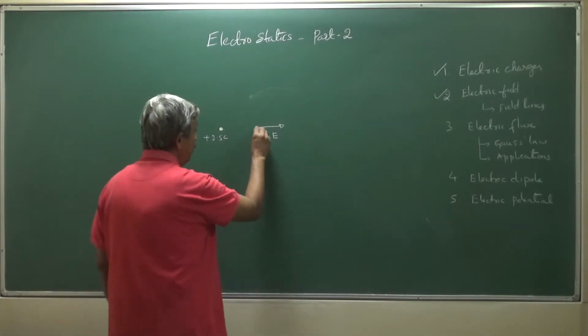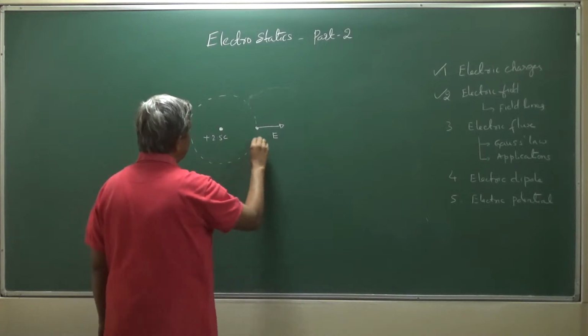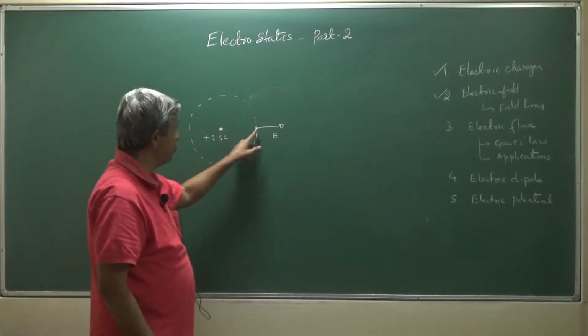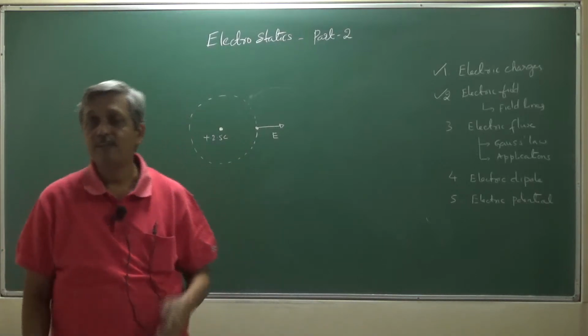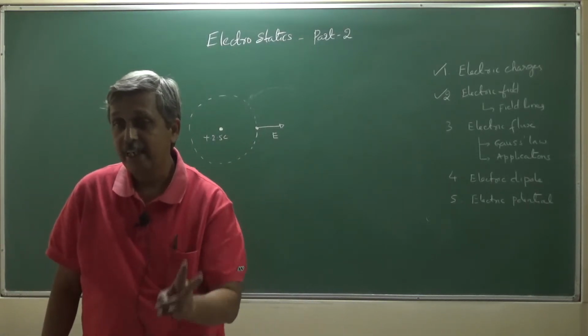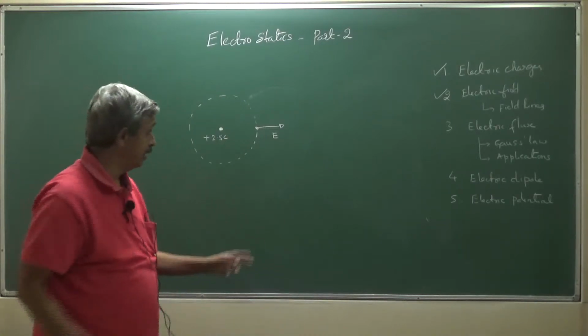Now, suppose I take any point on this circle, anywhere you take, the distance from this point to the charge is the same. That is what is our R, correct? So, in KQ by R square, K is constant, Q is constant, R is constant. R is not changed if I take it on this circle. Let's say I am going to take it here.